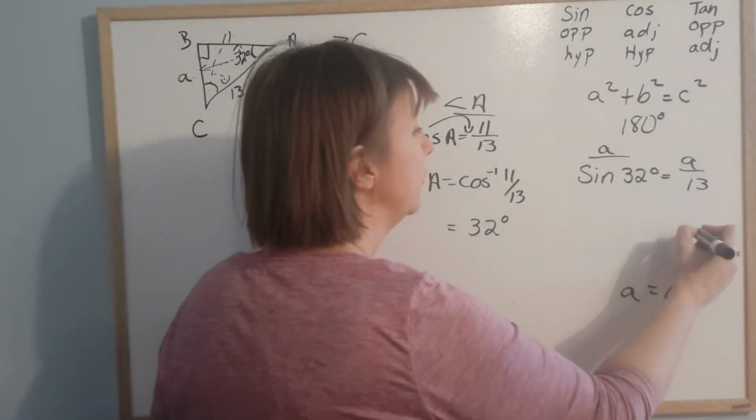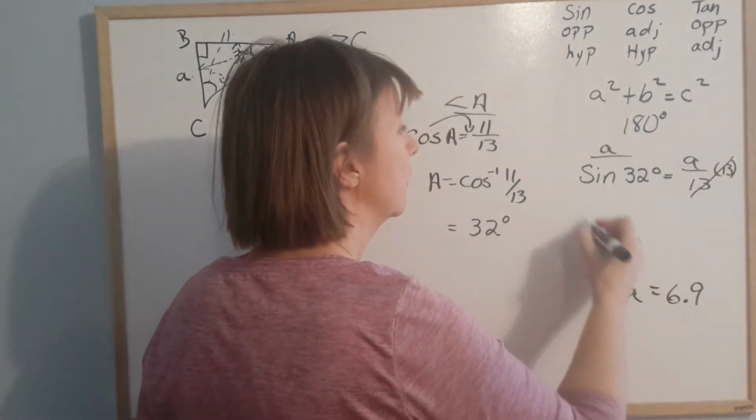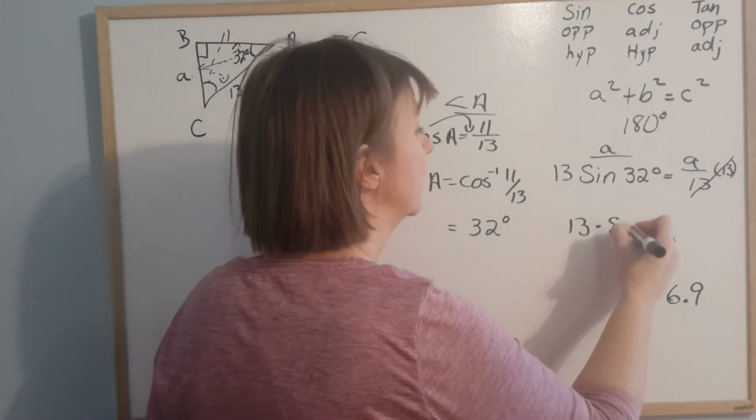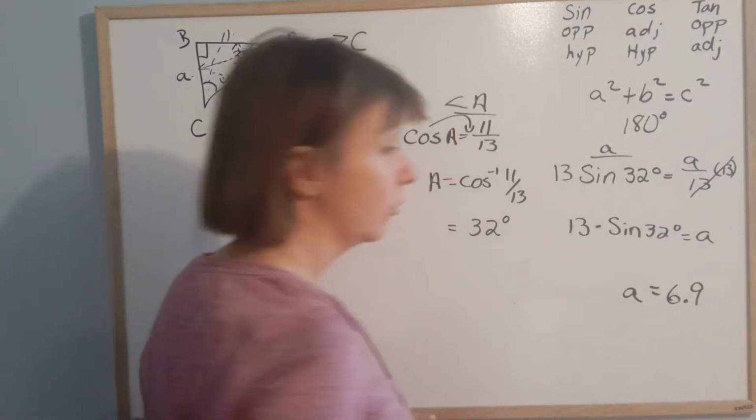So if I want to figure out A, I'm going to multiply this side by 13 so that those cancel, and I'm going to multiply this side by 13. So I have 13 times sine of 32 is what A is.